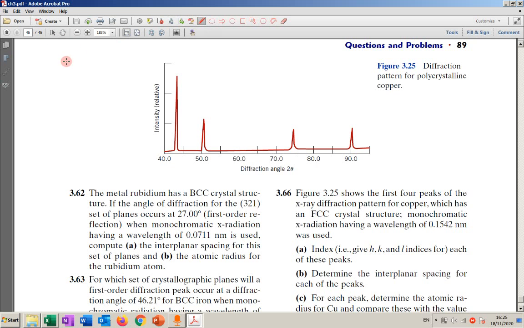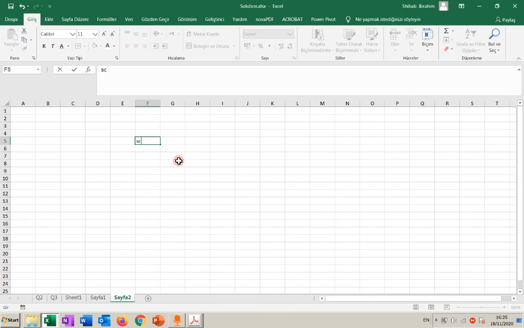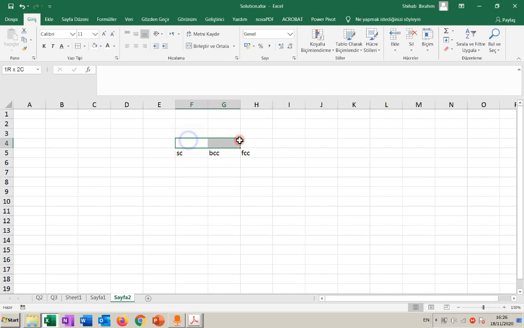We know the arrangement for simple cubic, BCC, and FCC. This is going to give us what we call H square plus K square plus L square.